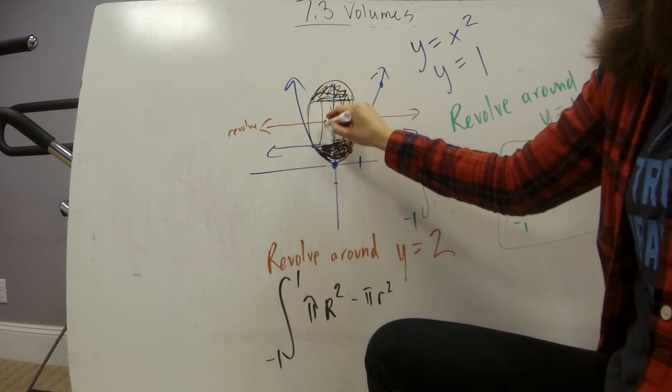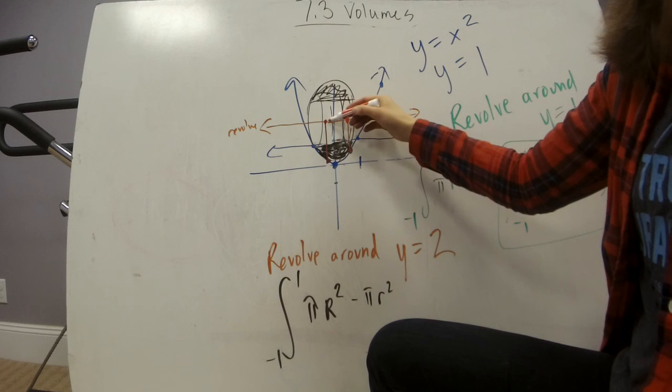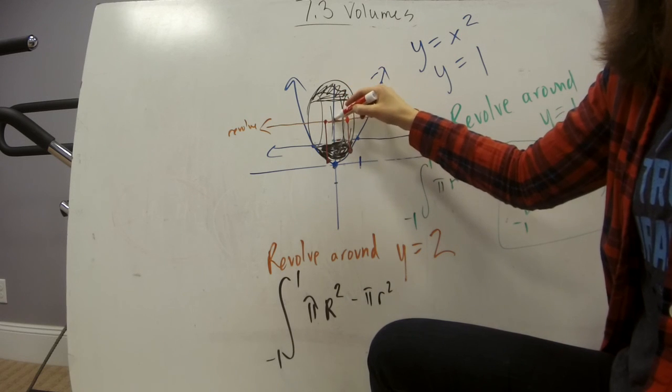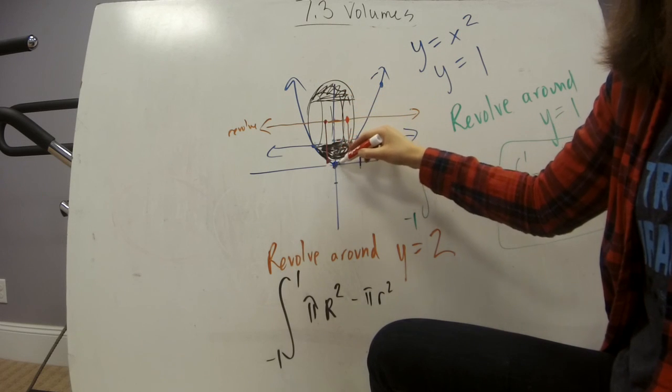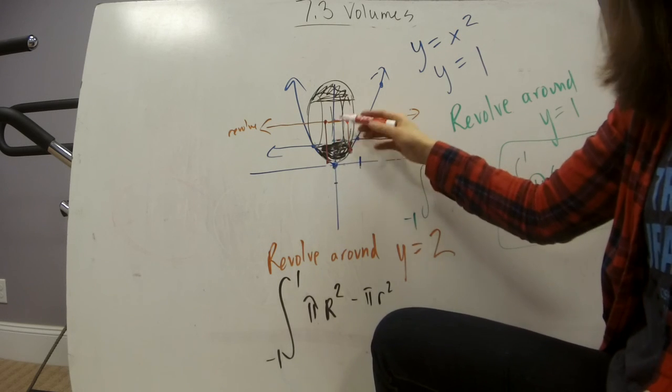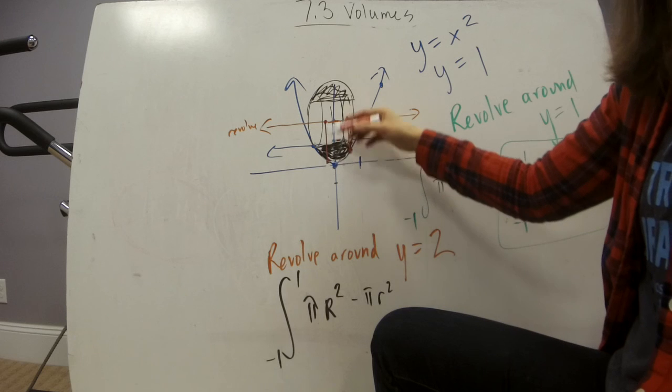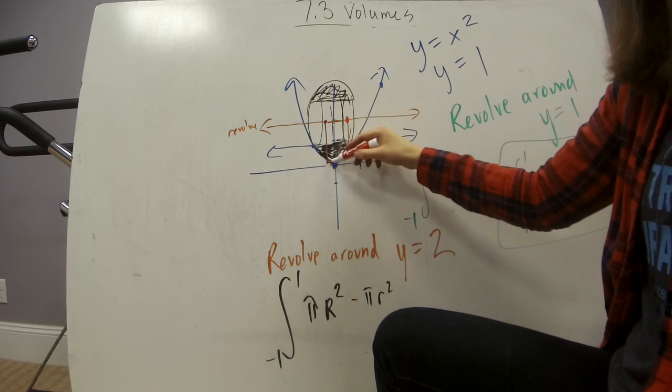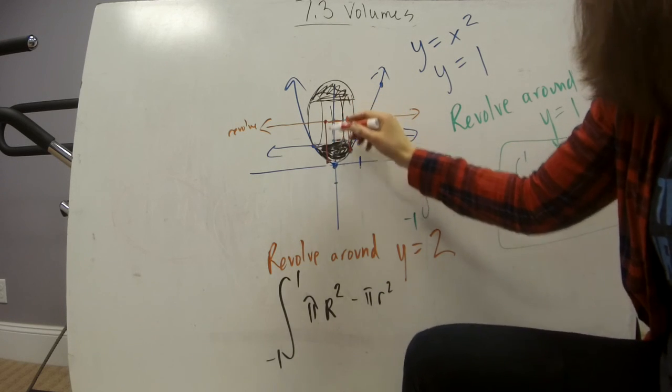Or from here all the way down to here. It's the middle axis all the way to the outer edge of the ring. But that equation is this. So do we have two equations that we can subtract to get this difference? We do. We've got this equation that's brown and this one that's blue, and that's 2 minus x squared.